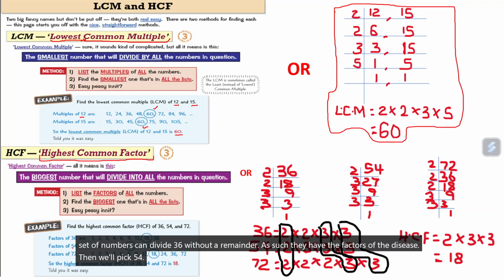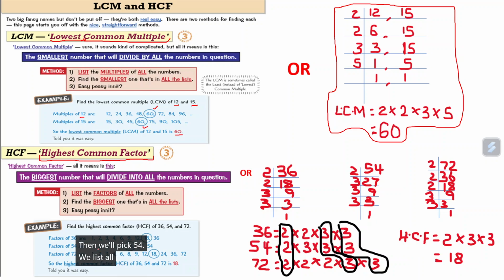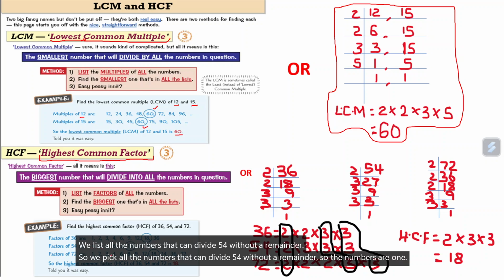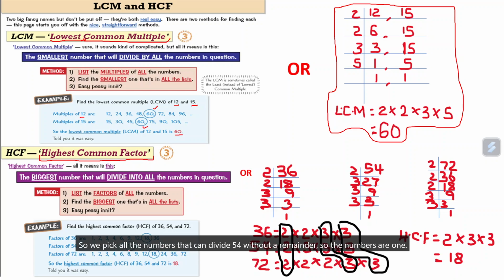We list all the numbers that can divide 54 without a remainder. So the numbers are 1, 2, 6, 18.